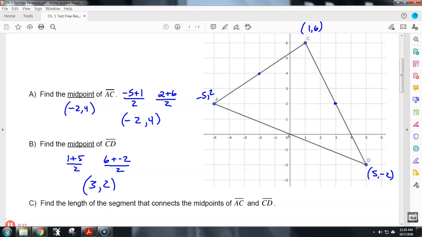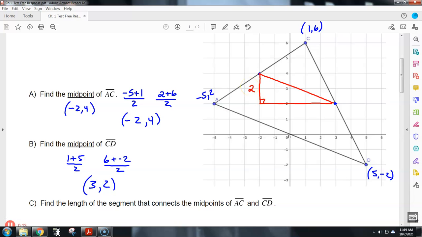Now, once you have those 2 points, part C says find the length of that segment that connects those 2 points together, the midpoints. So ultimately, we're trying to find out how long this line is. You could use the distance formula. Not a big fan of it here. I would just make a right triangle and use the Pythagorean theorem.